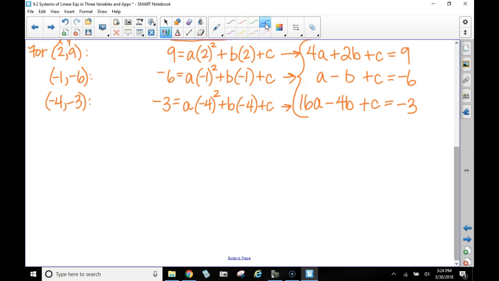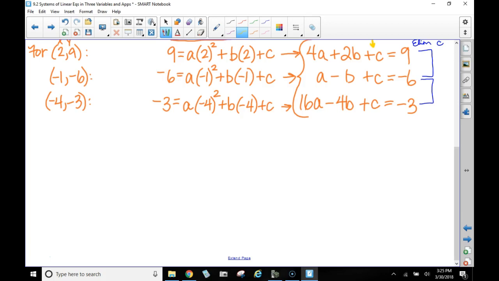I'm going to take the first with the second equation and make the c eliminate. And then I think I'll go the second with the third and again eliminate the c. Now, the reason I'm choosing to eliminate the c is because those all have a coefficient of 1.